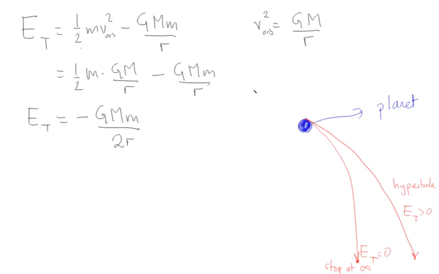However, if the total energy that I gave my satellite is negative, then it will end up in orbit, either in a circular or elliptical orbit.